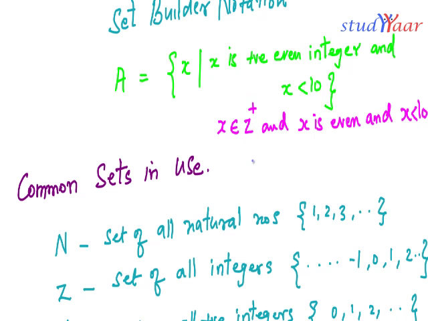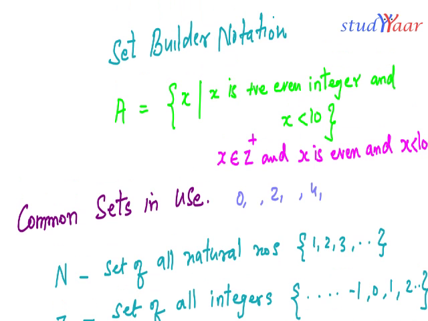So it says A contains values like 0, 1, 2, 3, 4, 5. Then I am saying x is even, therefore I can eliminate this, I can eliminate this, and it says x is less than 10, so I am left with these values.